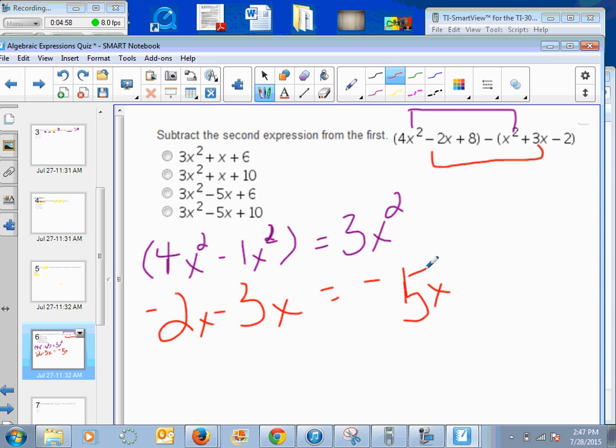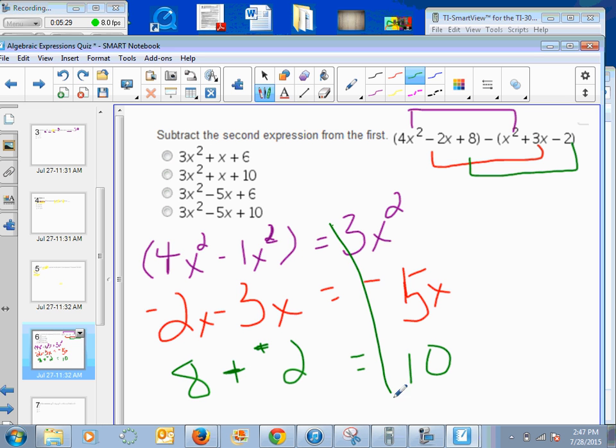All you're doing is negative 2 minus 3, just like here we just did 4 minus 1. Now your last one, you've got 8 minus negative 2. Minus a negative is equal to plus a positive, so it's like adding 8 and 2. So you end up with 3x squared minus 5x plus 10.